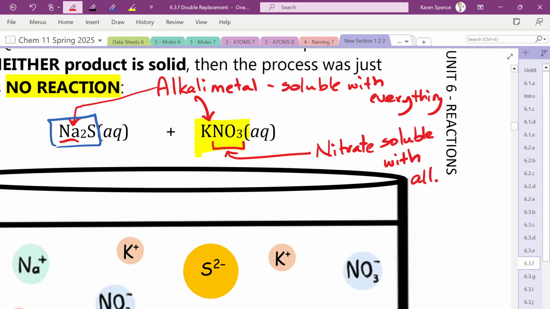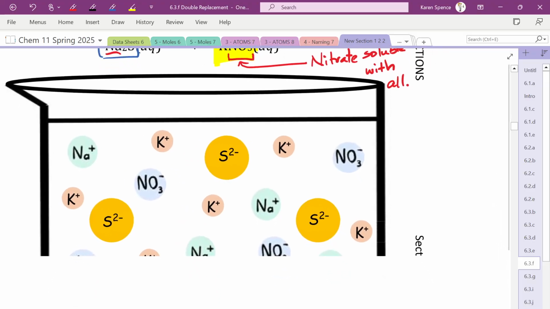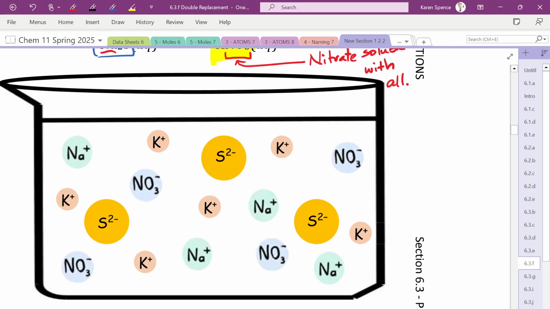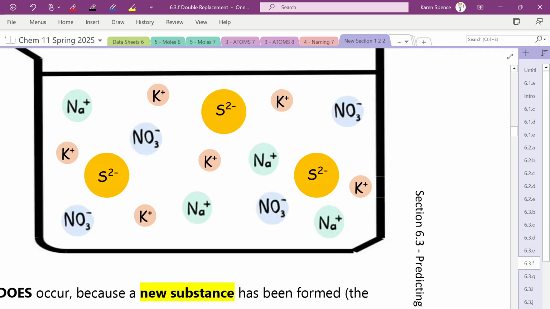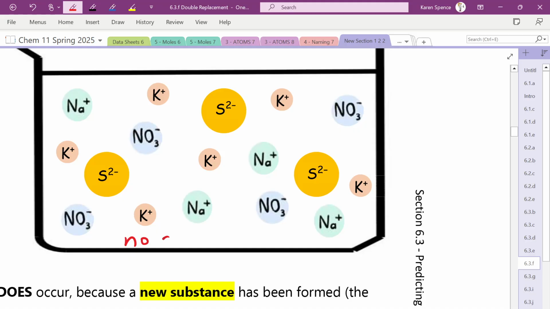So if we look at this, has any solid formed here? No solid forms. Is this going to be clear or cloudy?